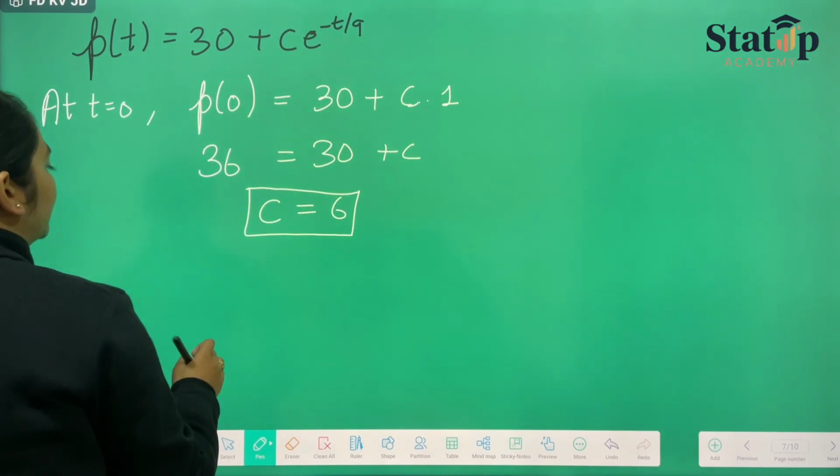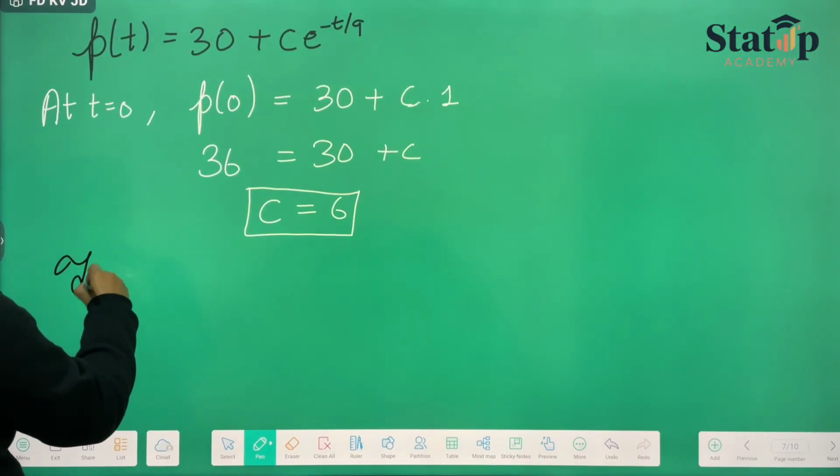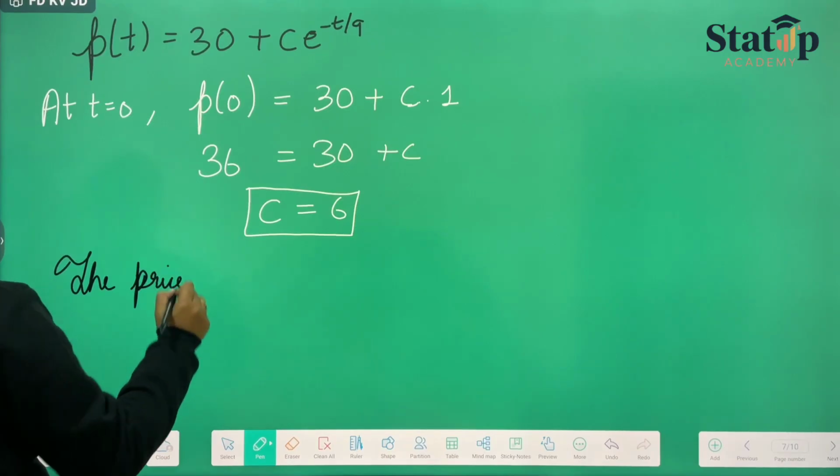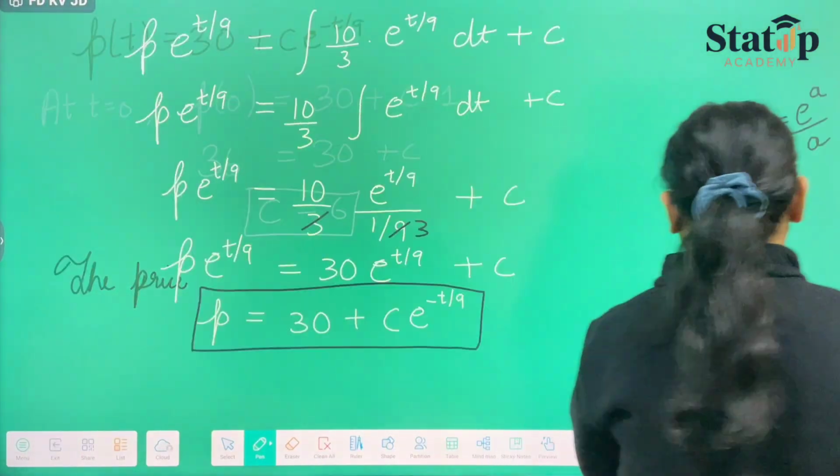Now we can write the equation of the time path, the price path. What does the question say?